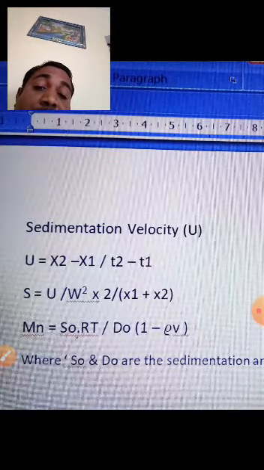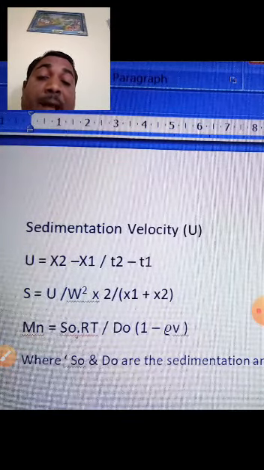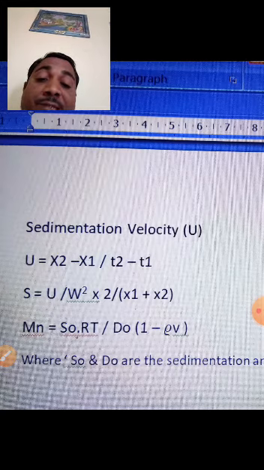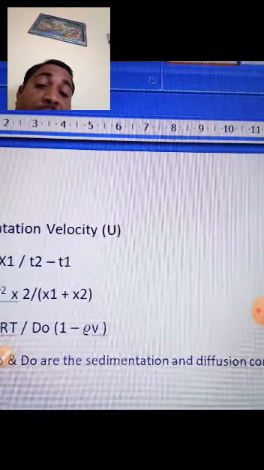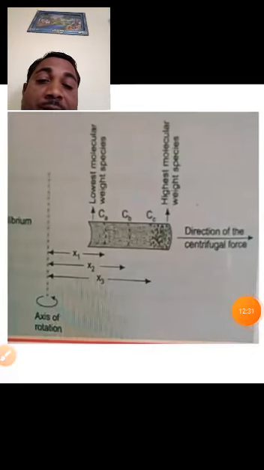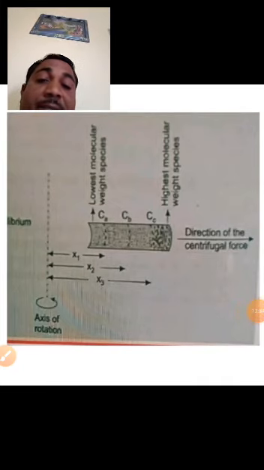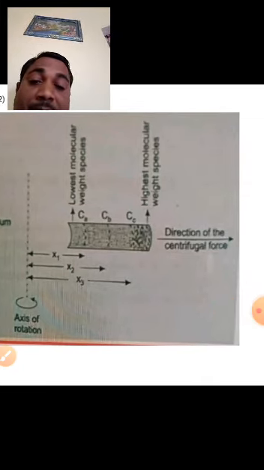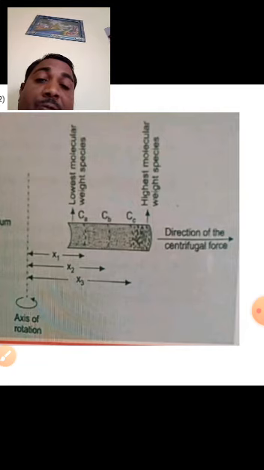Then we can calculate the number average molar mass by the sedimentation velocity method, where S0 and D0 are the sedimentation and diffusion constant respectively.